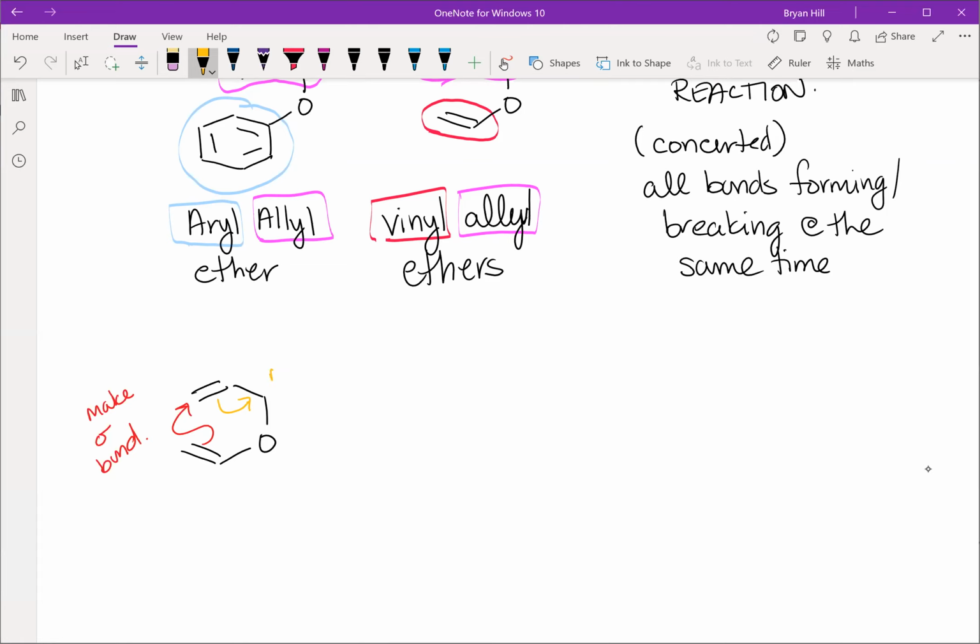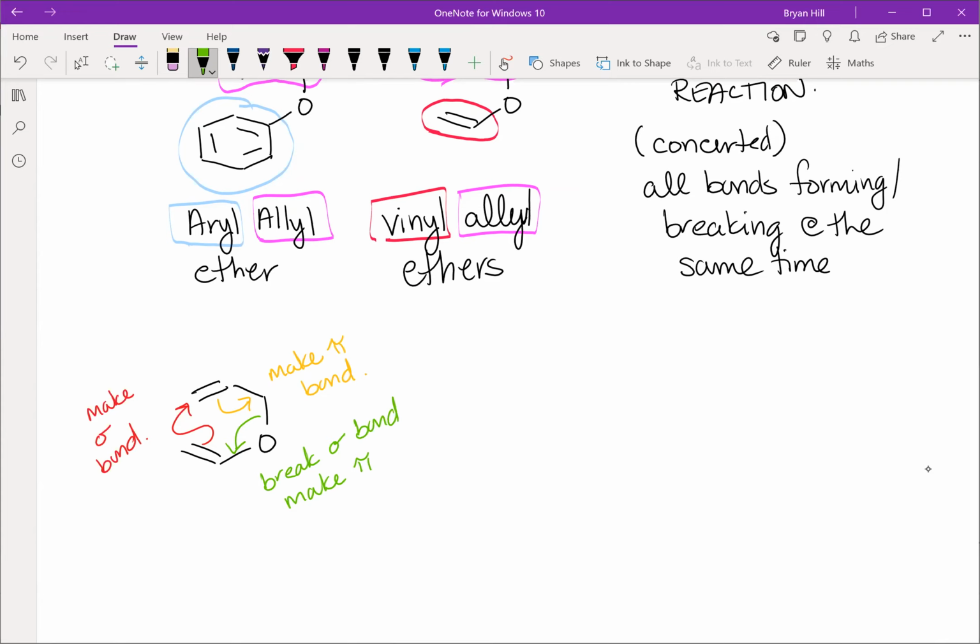This is going to make a pi bond. And these electrons are going to move here, and this is going to break a sigma bond and make a pi bond. So the yellow arrow makes and breaks a pi bond, the red arrow breaks a pi bond to make a sigma bond, and the green arrow breaks a sigma bond to make a pi bond.